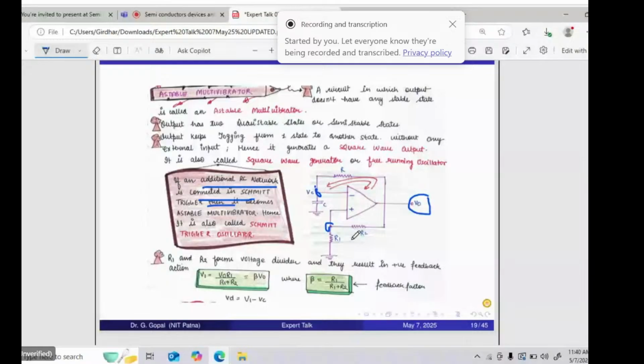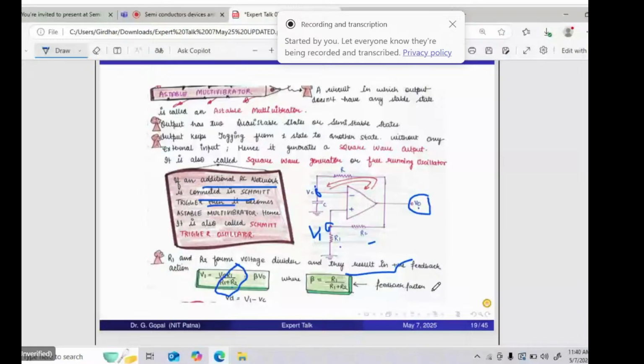We define R1 divided by R1 plus R2 as the beta feedback factor, for better understanding. So V1 is nothing but beta V0, and V0 has two values, plus Vsat and minus Vsat.